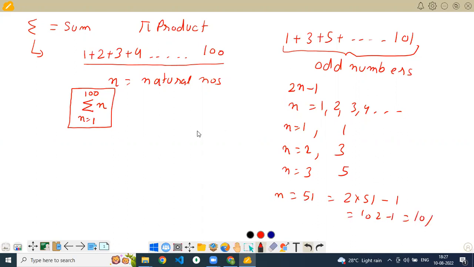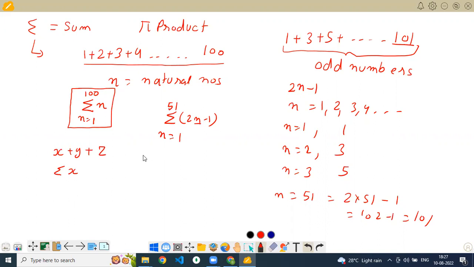Okay. So now what we can do is, we can say it's simply summation of 2n minus 1, and n starts from 1 and n goes to 51, because as soon as I put the value of n is equal to 51, you get 101. Similarly, this was for the arithmetic numbers. If there's an algebraic expression, like x plus y plus z, you can simply write it as summation of x.